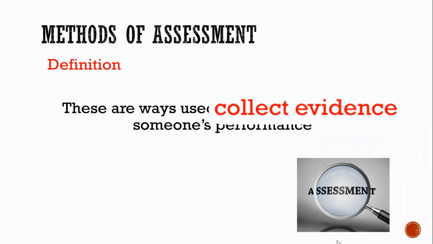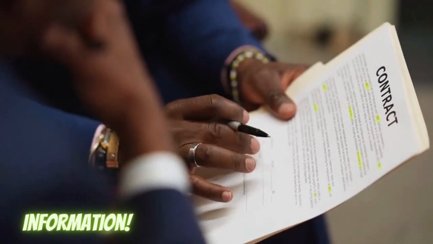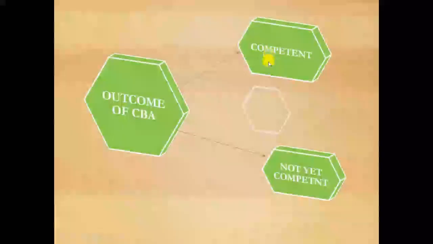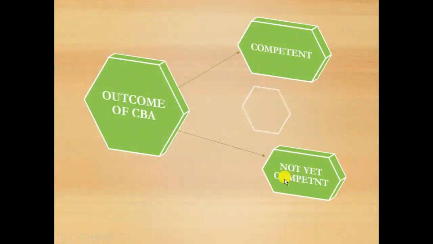And that brings me to, what is evidence? Evidence is information that supports a claim or an argument. And here you're saying that if you have to say a learner is competent or not yet competent, then you need to support that with evidence.